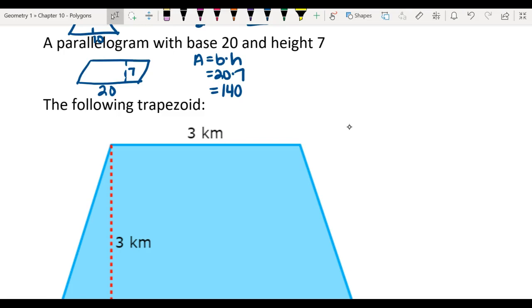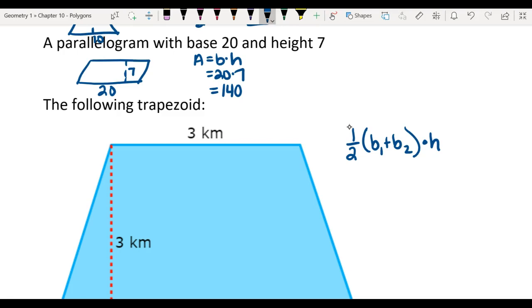For a trapezoid, your formula is 1/2 B1 plus B2 times H. You have to add your bases before you plug in the rest if you're doing it on a cell phone. Okay, if you choose to use one of my blue calculators, which I would recommend, you can just plug it straight in, do 0.5 parenthesis, this plus that parenthesis times H, and you'll get the right answer.